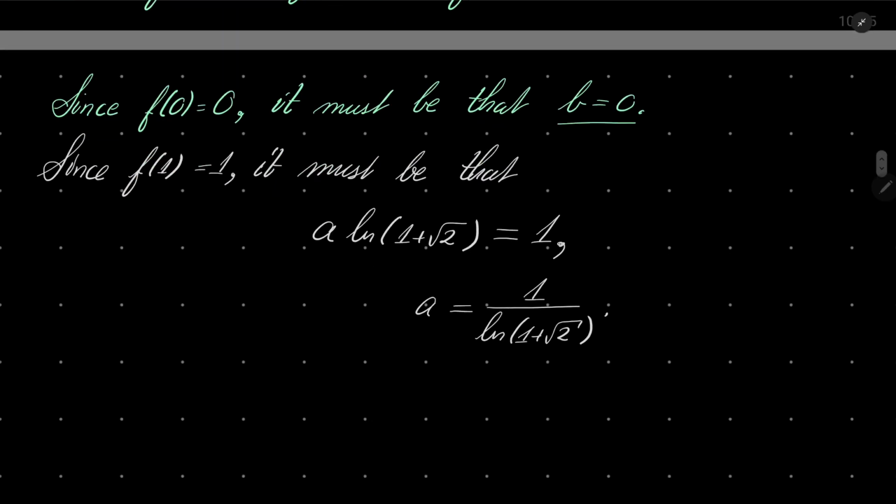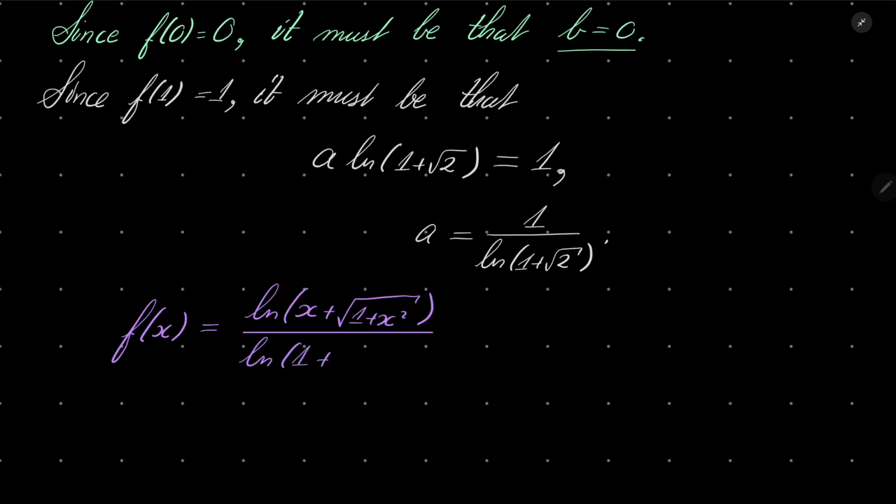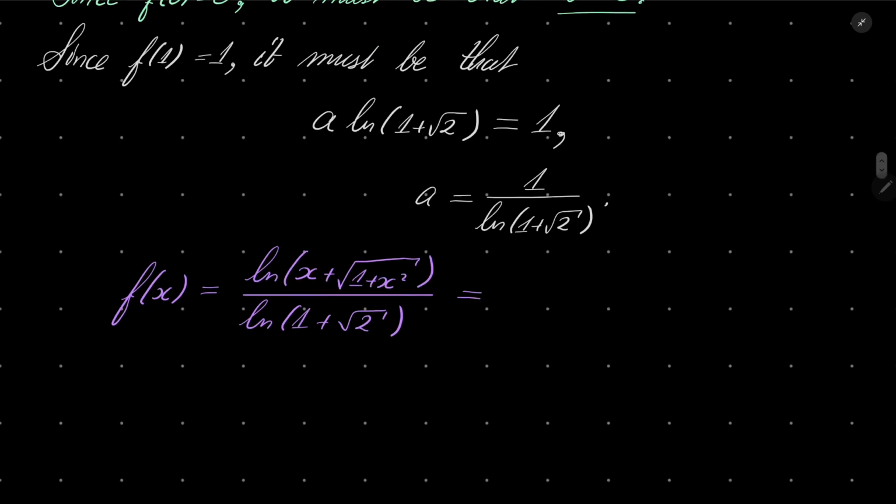And now we have our formula for our function. That means that f of x equals natural log of x plus the square root of 1 plus x squared, over natural log of 1 plus square root of 2. You can leave it as that, but we can change the base of our logarithms.